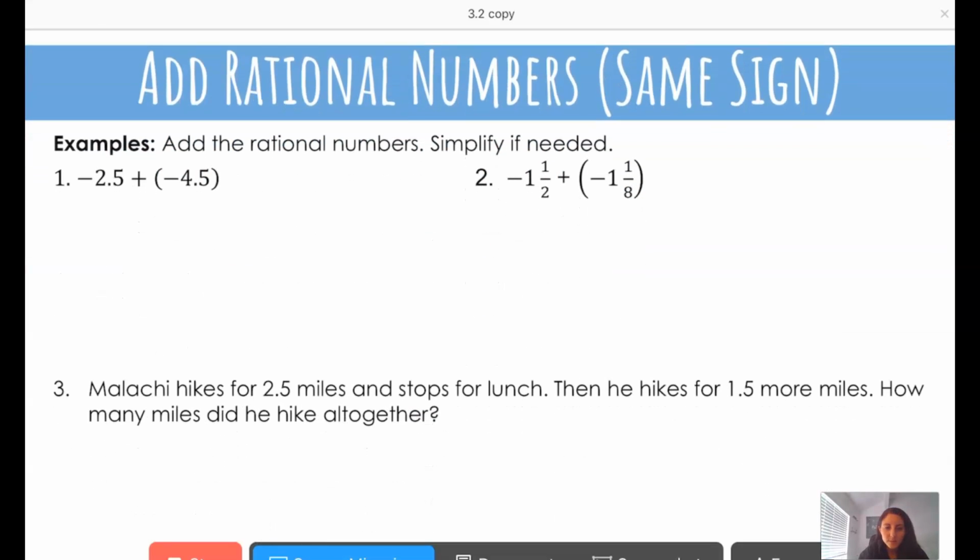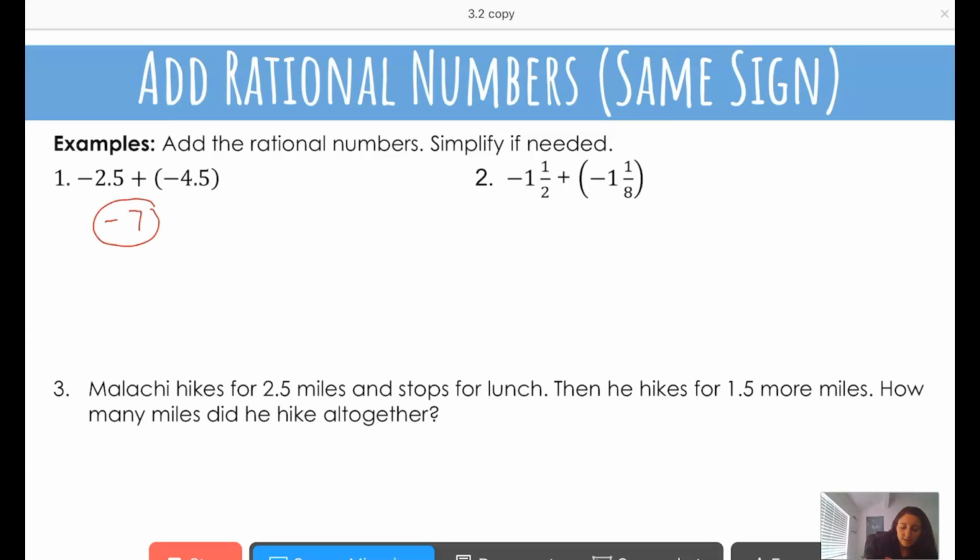All right, so let's look at some examples for adding rational numbers with the same sign. So remember, when we have the same sign, we're going to add and then keep the sign. So we have negative 2.5 plus negative 4.5. They're both negative, so my answer will be negative. And I need to add the numbers, so we're finding a total loss. So 2.5 plus 4.5 is 7.